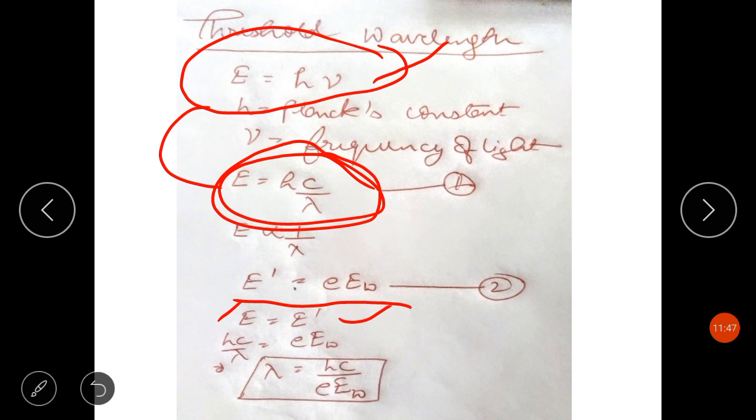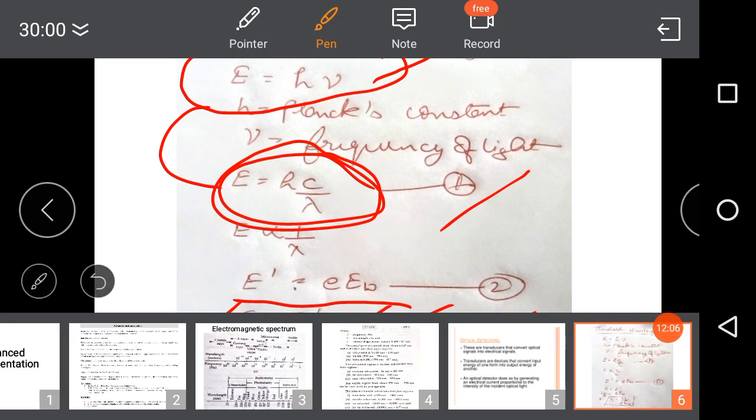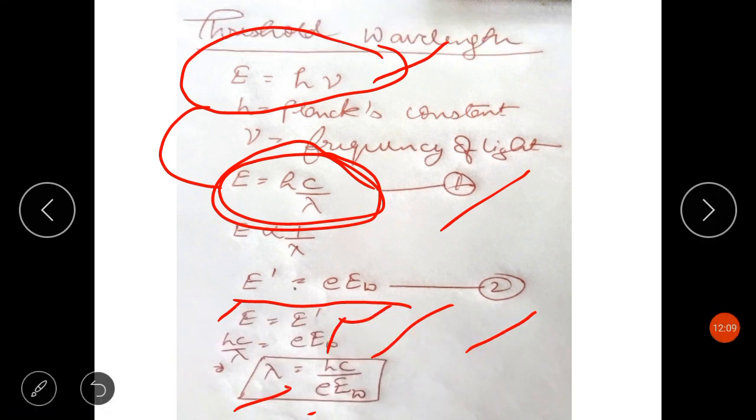That is, by equating equation 1 and equation 2, we get the value of the threshold wavelength, which is equal to hc by EW. Now h is Planck's constant, c is the speed of light in vacuum, and E is the charge of each electron, which is equal to 1.6 into 10 to the power minus 19 coulomb.